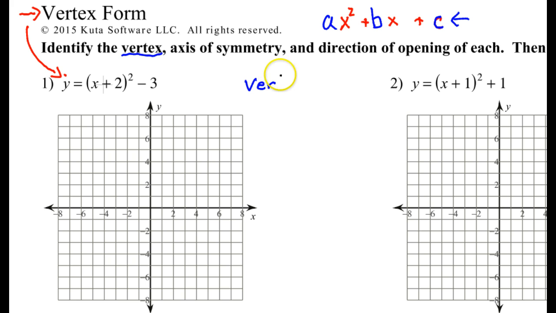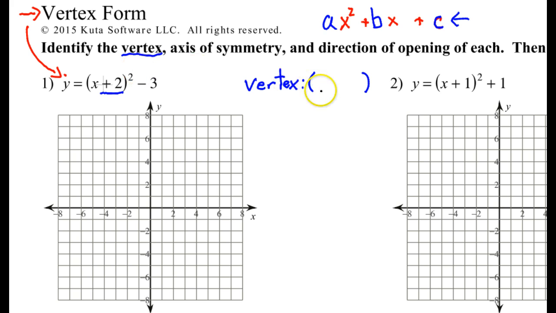Okay? So let's go ahead and just go through a few of these together. For each of these, it wants the vertex. It also wants the axis of symmetry, which is part of the vertex, and which direction is opening. So the vertex here is going to be at, remember, the opposite of whatever this is.